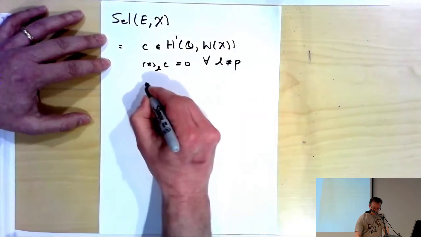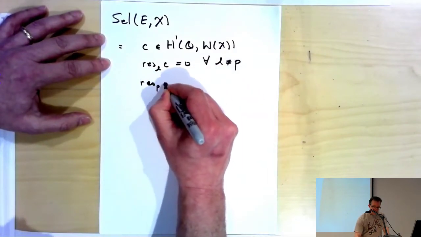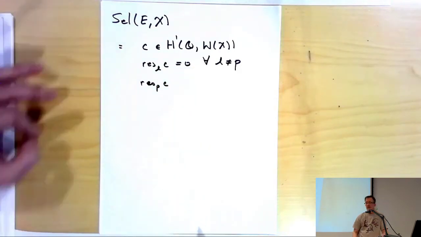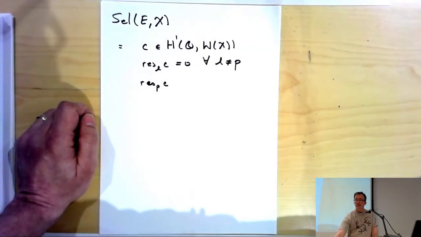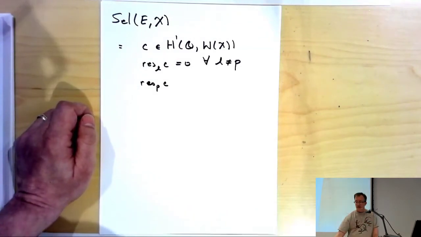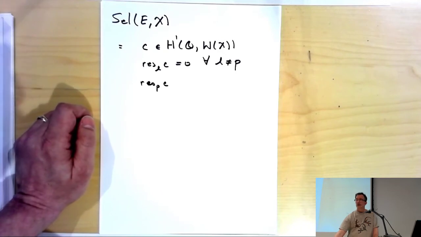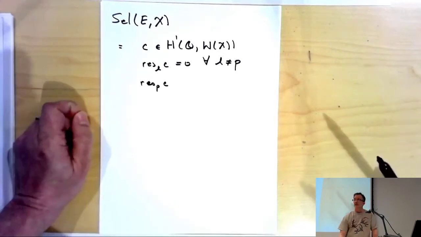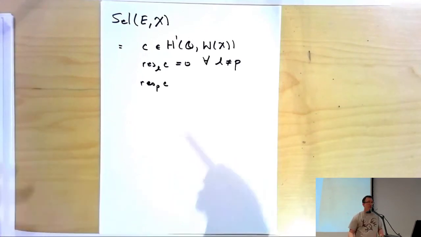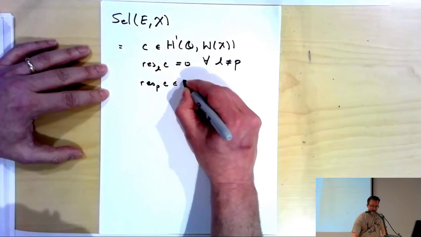And then that the restriction at p of the class lands in a particular subspace, determined by T plus. So I'm going to decorate T chi, V chi, W chi with a plus to mean replace T with T plus in the definitions. It should be clear. That'll give a local Galois module. So I want this to belong to the image.